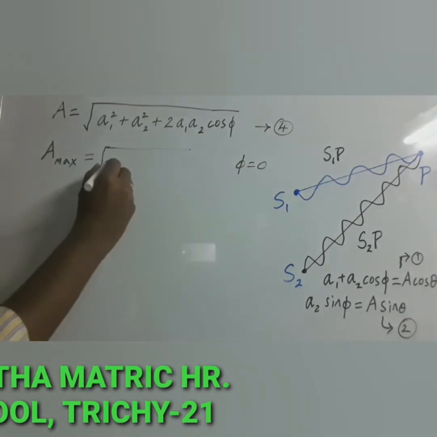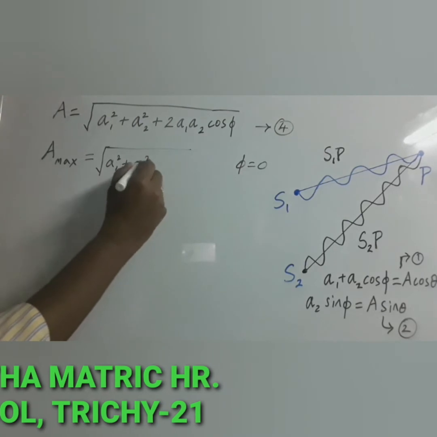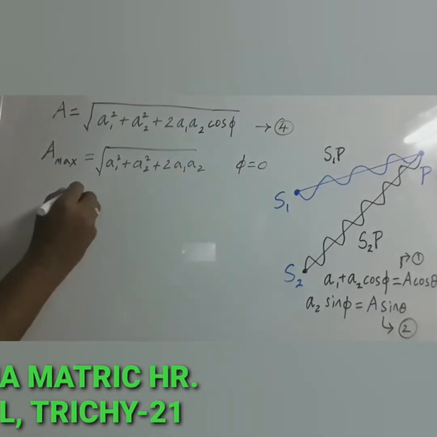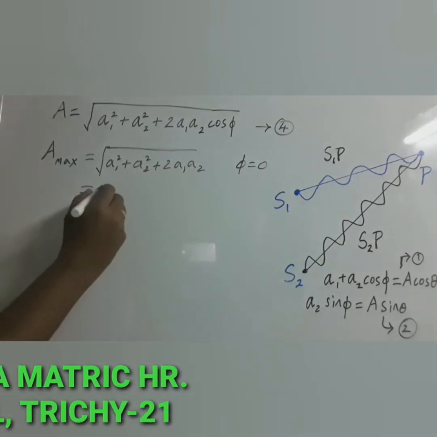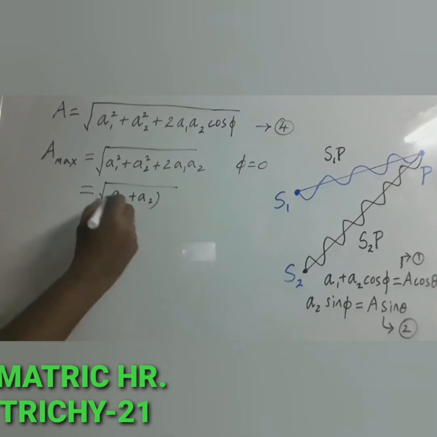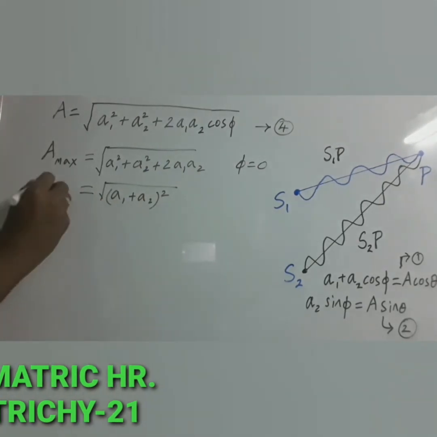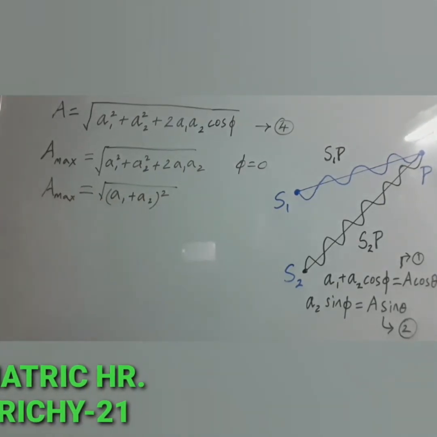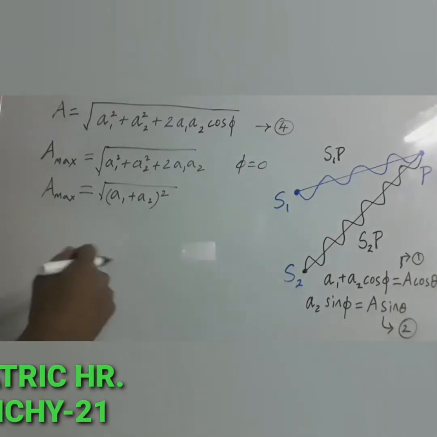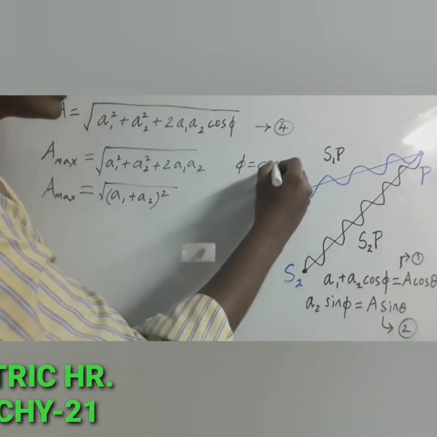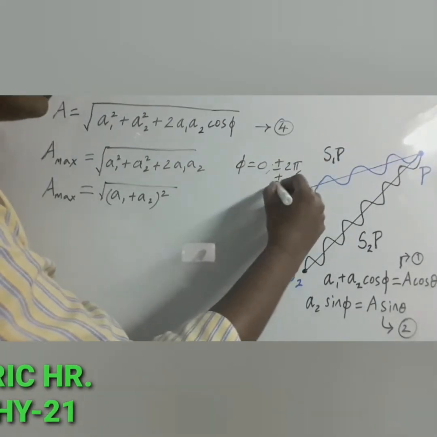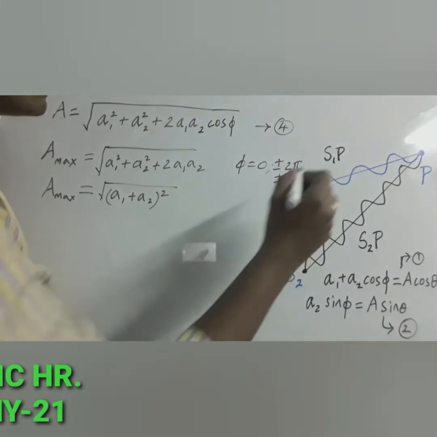Root of A1 square plus A2 square plus 2 A1 A2. This can be shortened as root of (A1 plus A2) whole square, which is the maximum resultant value. This is possible when phi is equal to 0. And what are the other angles? Plus or minus 2 pi, or it can be equal to 4 pi, like that it can be continued.